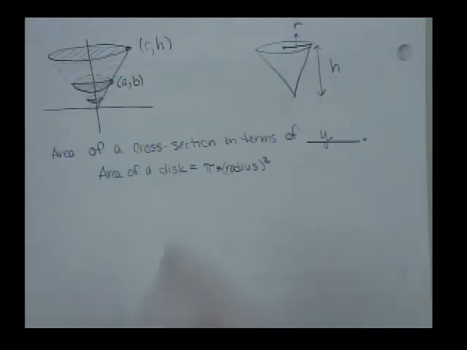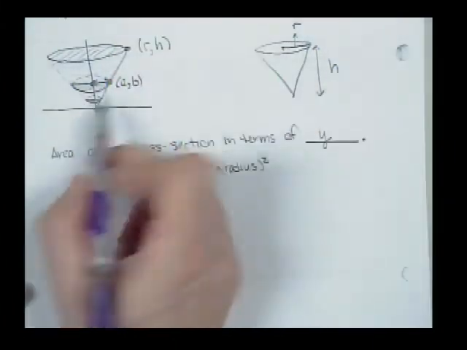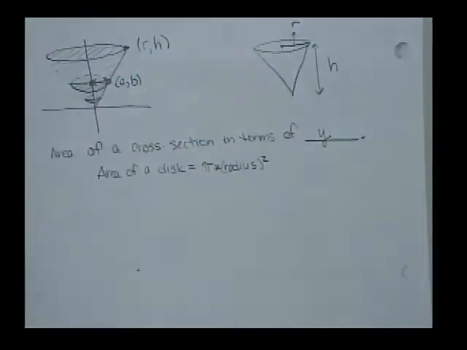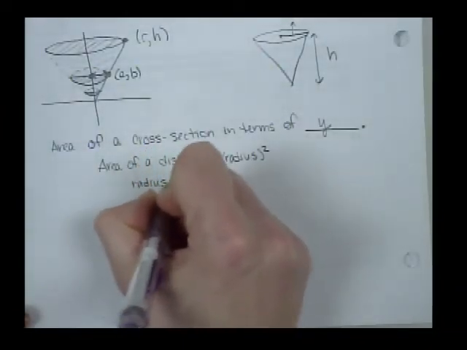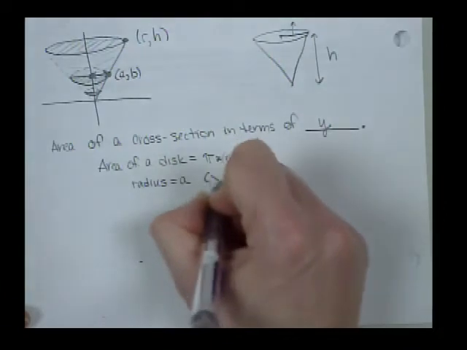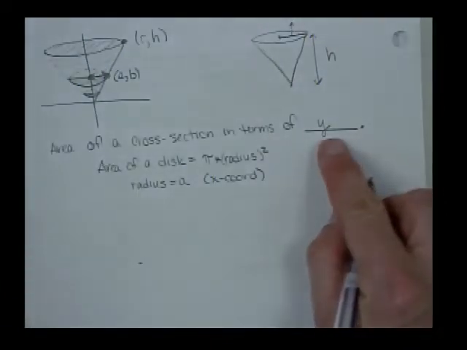The A, right? Because the radius goes from here to here. That's a horizontal distance, so that's measured by the x coordinate. So the radius is equal to A, which is the x coordinate, but we want everything in terms of y.